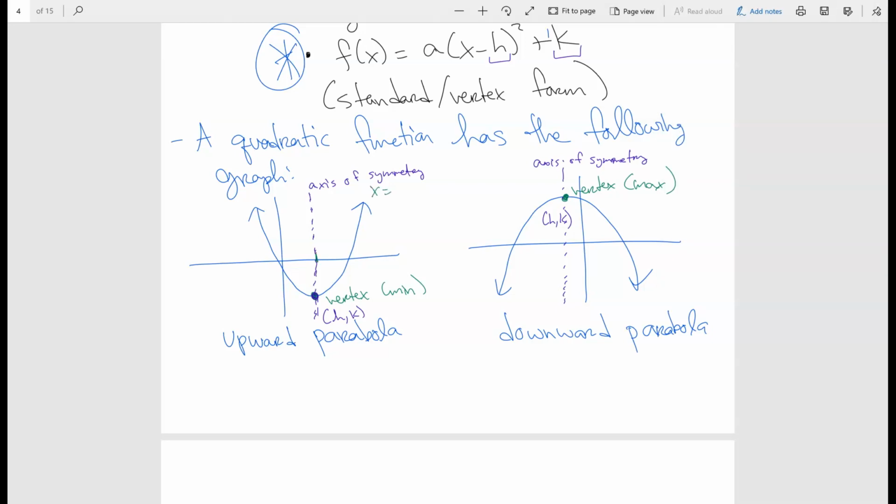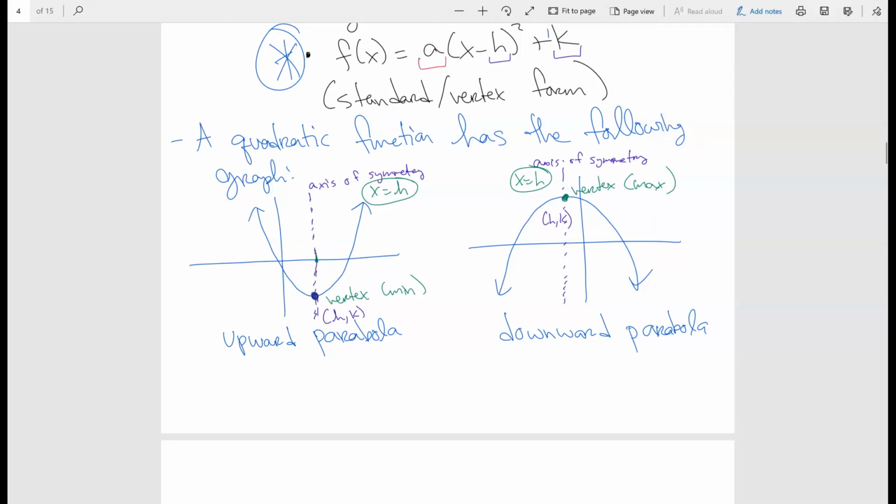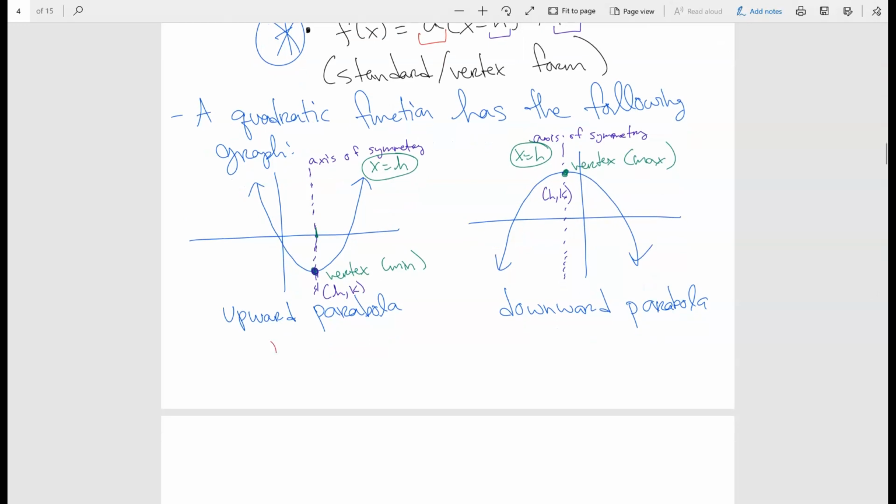So x equals h is the axis of symmetry. Okay. Now, what determines if you have a happy parabola or a sad parabola? Well, the a value determines it. If a is positive, you're going to have a happy parabola. If a is negative, you're going to have a sad parabola. So think about it as being flipped.